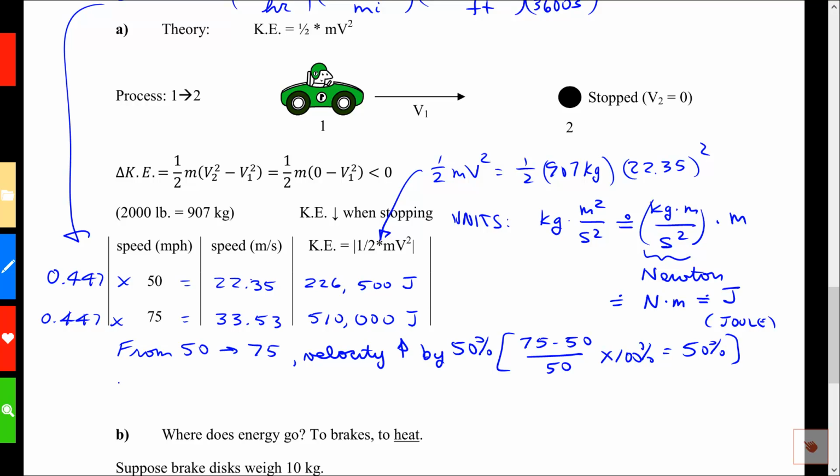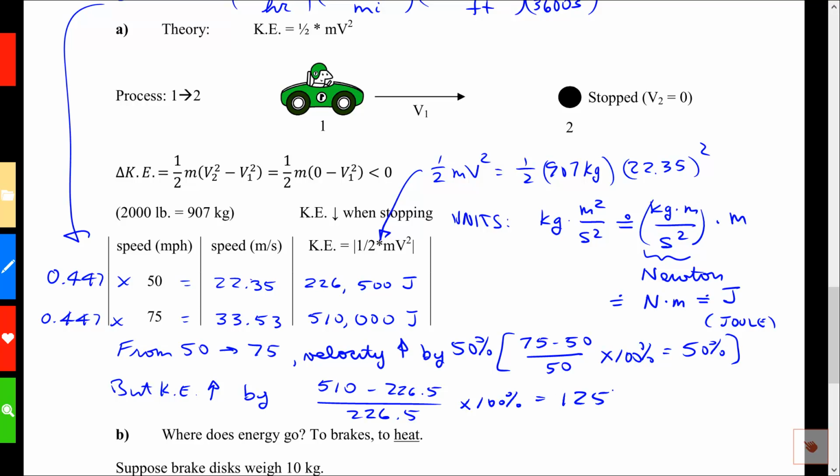What about the kinetic energy? The kinetic energy goes up by, well, let's compute it. I've got 510 kilojoules minus 226.5 kilojoules, that's the old value, divided by the old value, 226.5, times 100%.